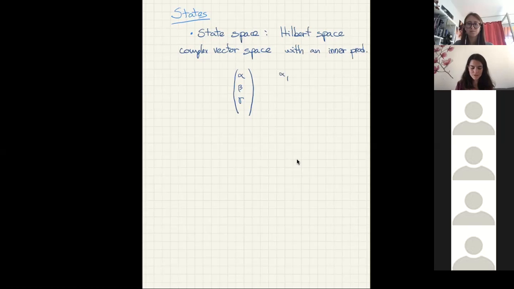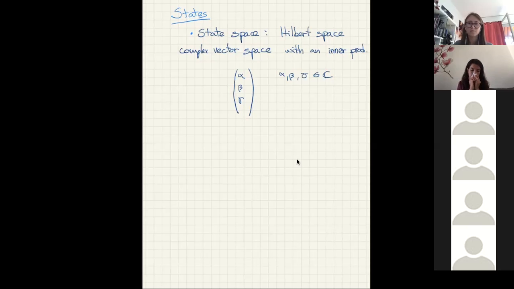So alpha, beta, gamma belong to C, okay? And here this, for example, will be a vector of dimension 3. So for now we take for granted that states are just vectors in a Hilbert space. Later we'll see examples of how to connect this to physical systems.